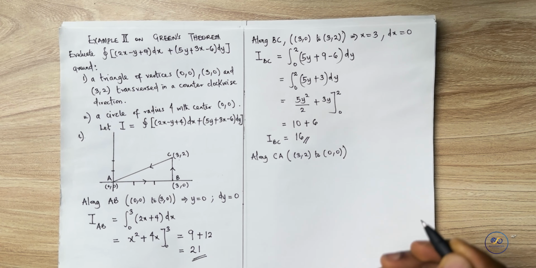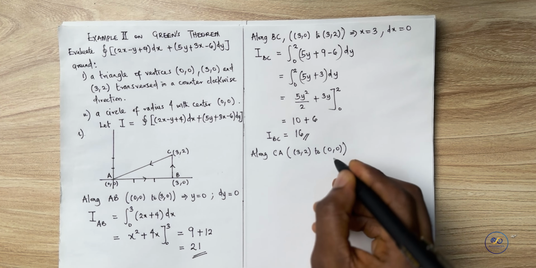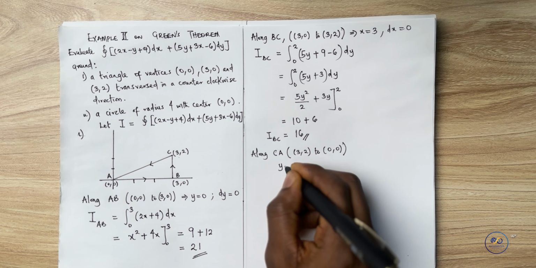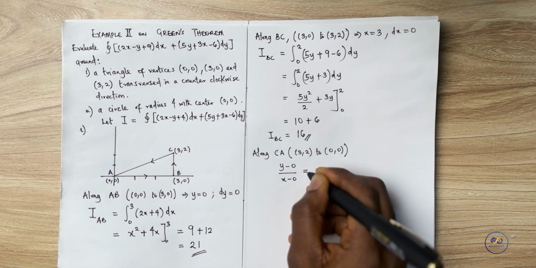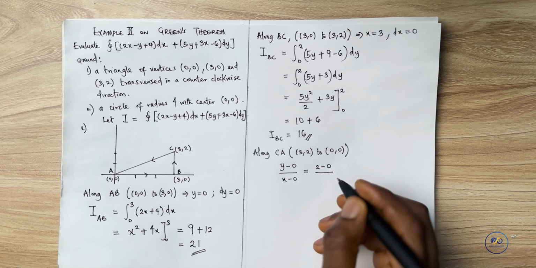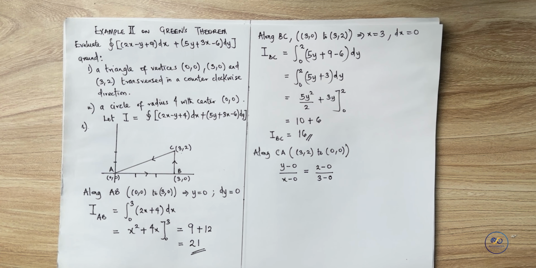We notice that in this case, none of the variables is fixed, so we would have the equation of a line. If we use the two-point strategy, we would have y minus 0 divided by x minus 0 equal to 2 minus 0 divided by 3 minus 0.